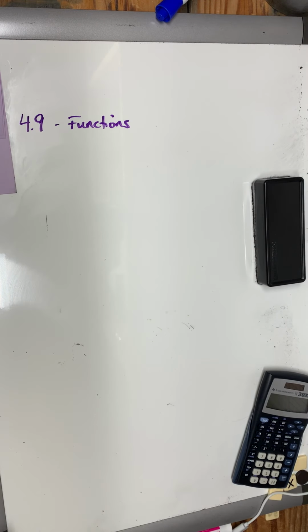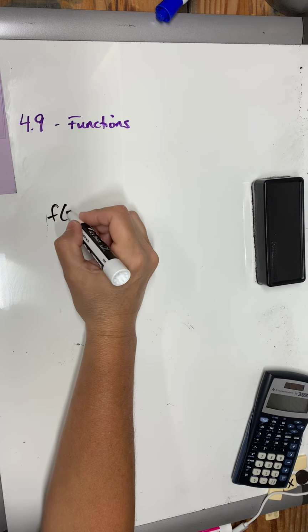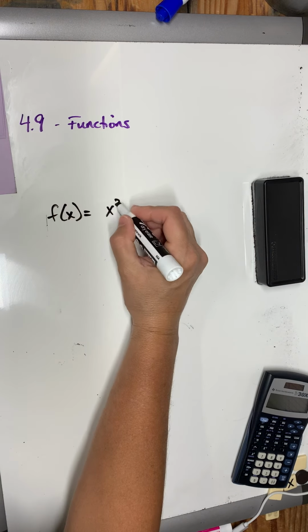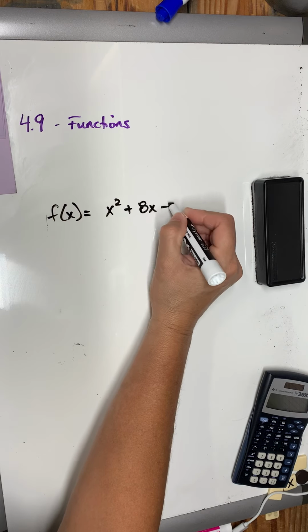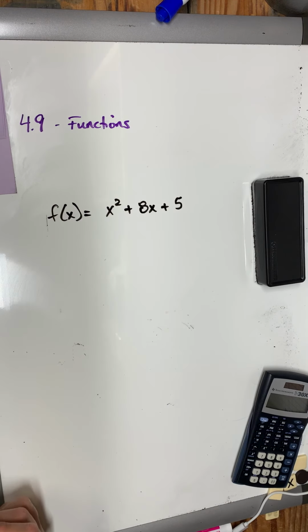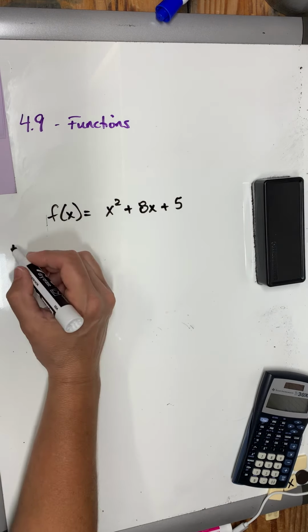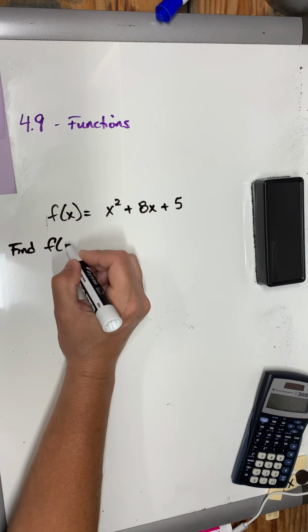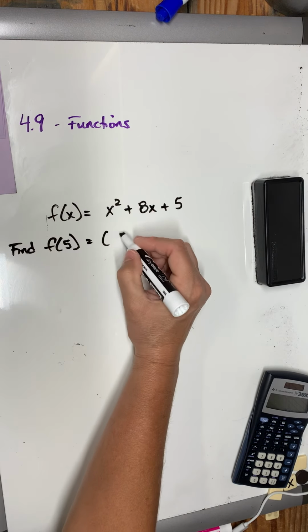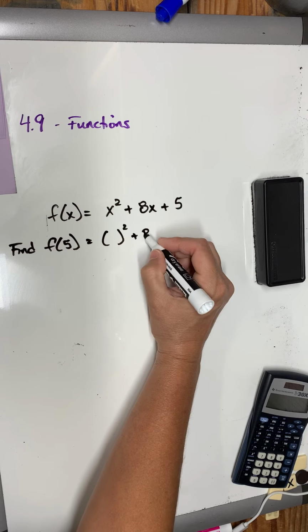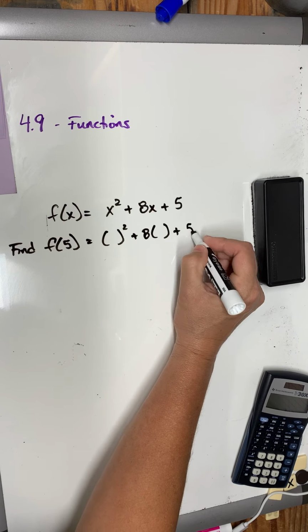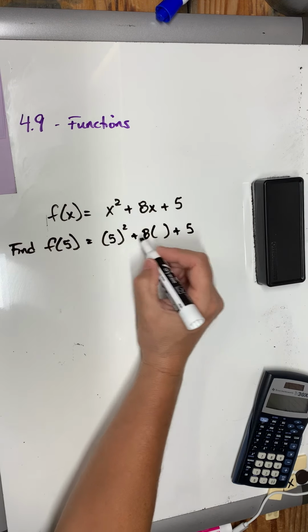Number 6, I've got f of x equals x squared plus 8x plus 5. And the first half is easy. They want us to find f of 5. So I'm going to put a 5 in wherever the x's were.